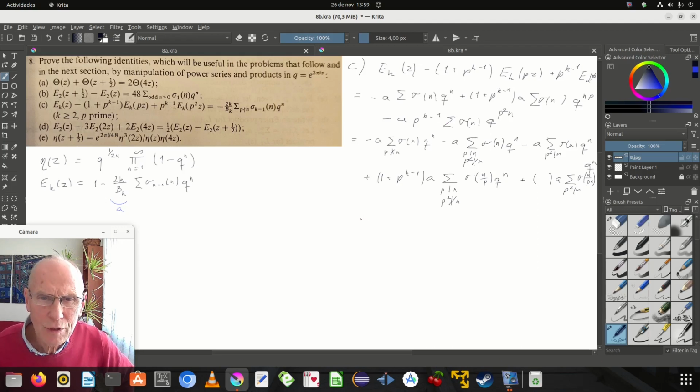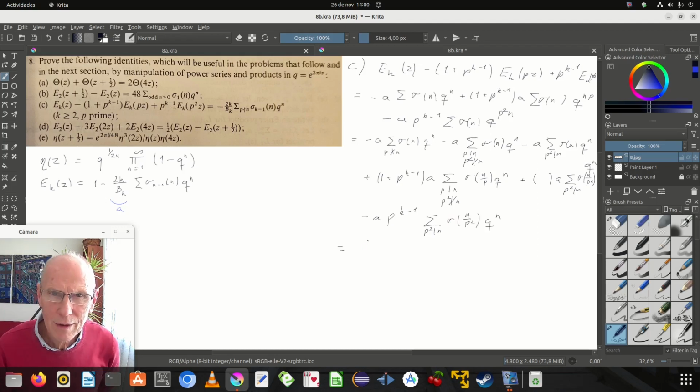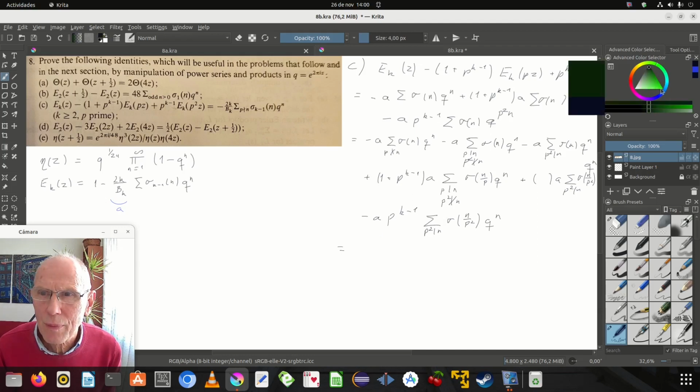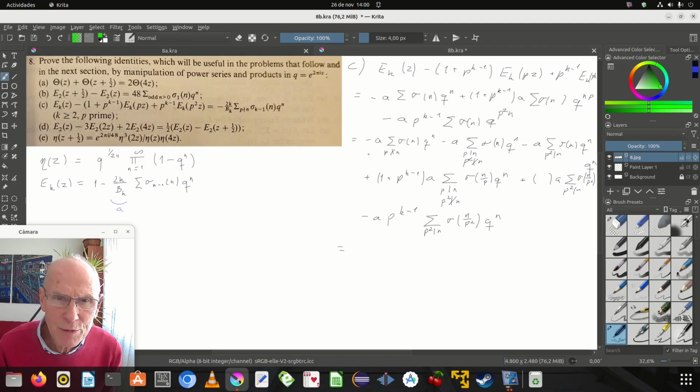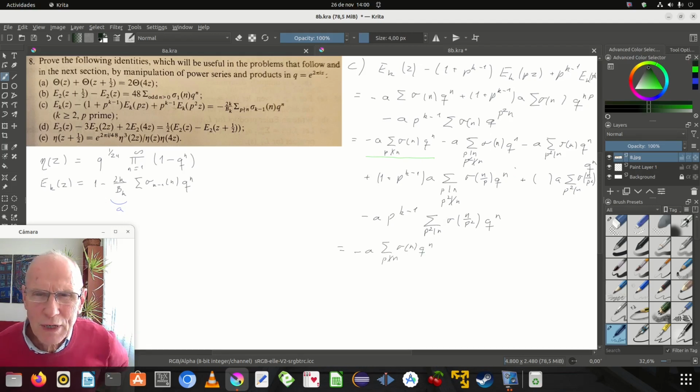And the last one, minus a p to k minus 1, summing only over n divisible by p squared. There we go. This seems to be what we should end with. So let's just copy that first, and then the rest might vanish.